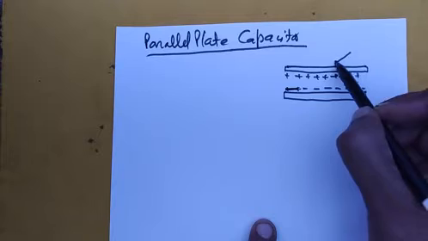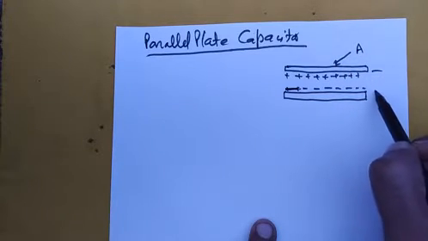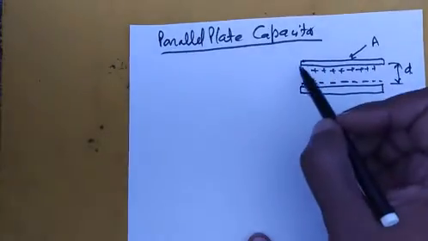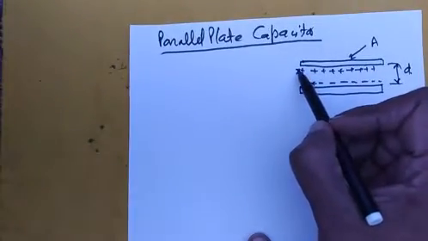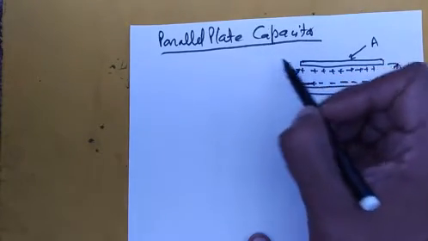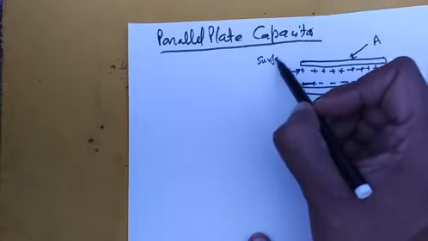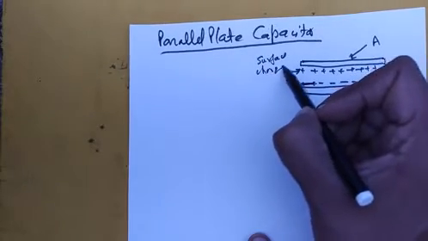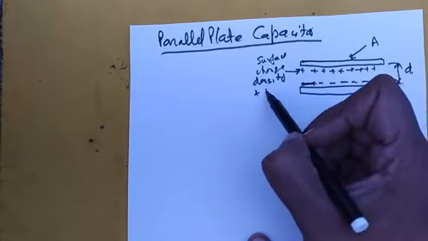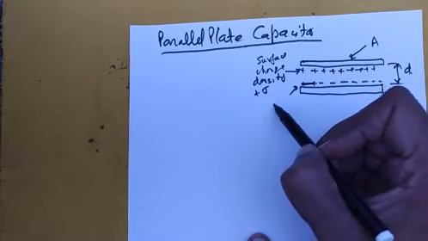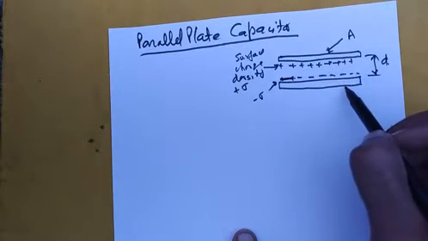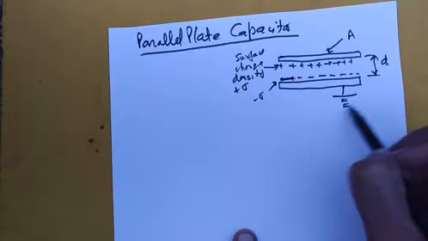The area is A and the distance between the two plates is D. Here the surface charge density of this one is plus sigma, and here it is minus sigma. Upper plate is insulated and the lower plate is earthed.